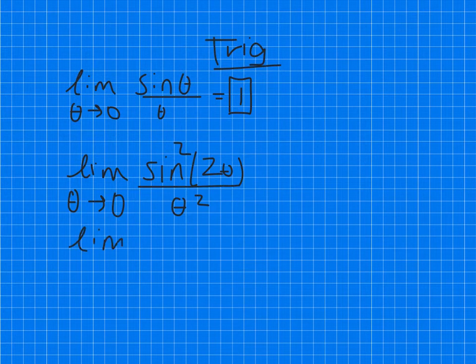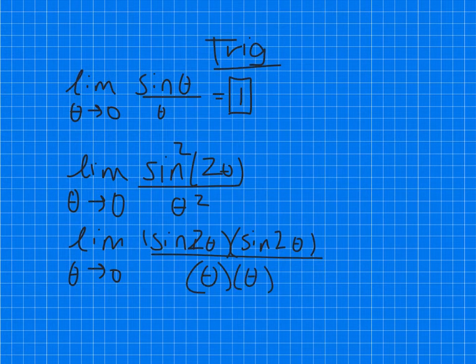Let's split it up: the sine of 2 theta times the sine of 2 theta, times theta times theta. You'll see where I'm going with this in a second. You want to split it because you can see that you're getting something similar to the squeeze theorem. So we want to make this look like what's up here.